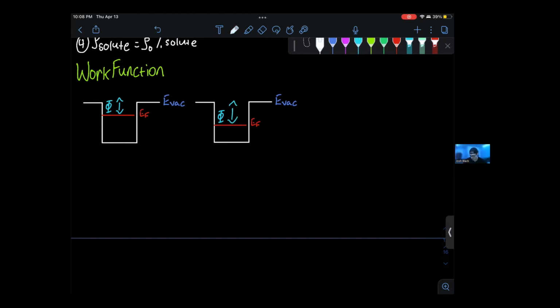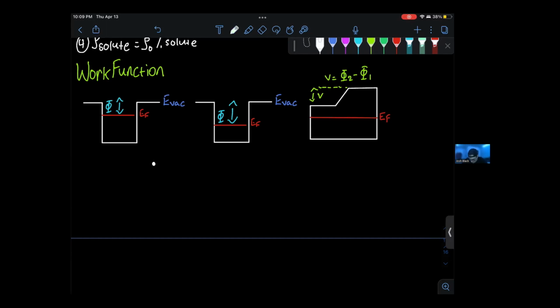The cool thing about these metals is if we were to put them together, their Fermi levels would meet in the middle and equalize, but their work functions would stay at the same level, giving a potential difference. That looks like that.